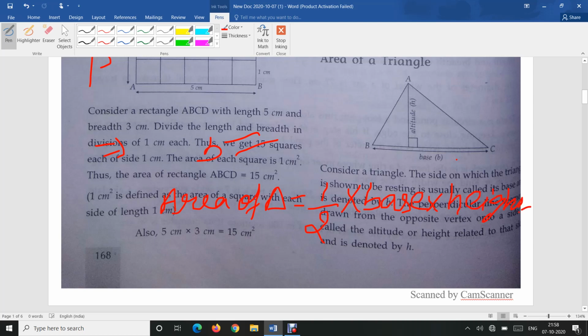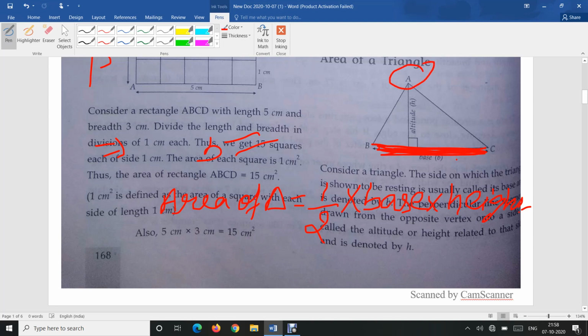Now you have to know what is base and what is height. See, when an altitude falls on a line, then it is called the base, and this altitude will fall from the opposite vertex, always from the opposite vertex.